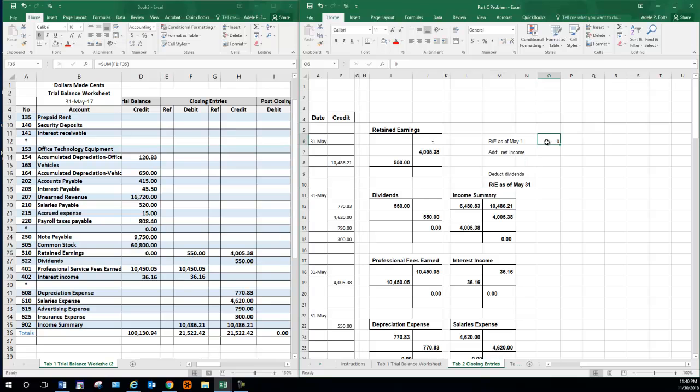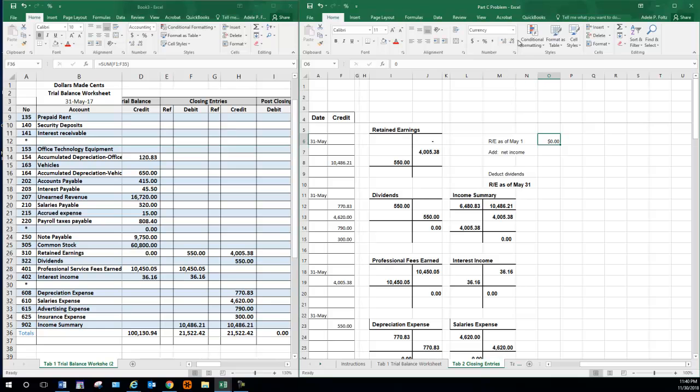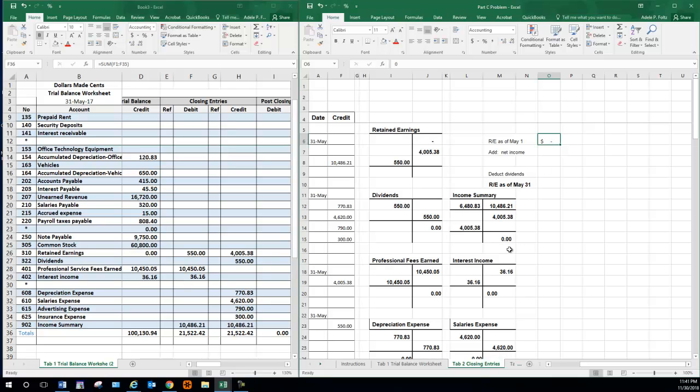So this is what your statement of retained earnings looks like, except that yours is going to look a little nicer. We'll have a beginning balance of 0. I like that to show 0, not a dash, but that's okay. We're going to add our net income.